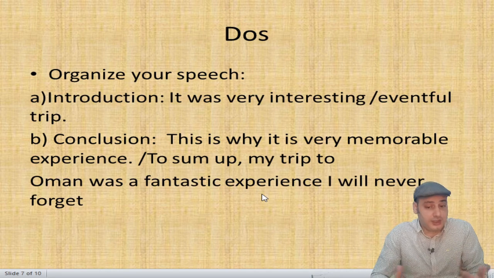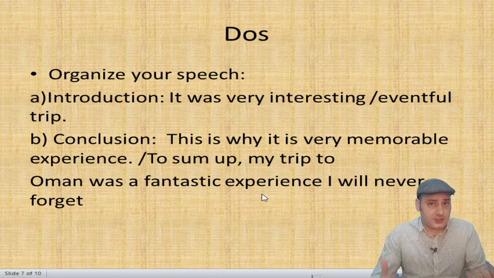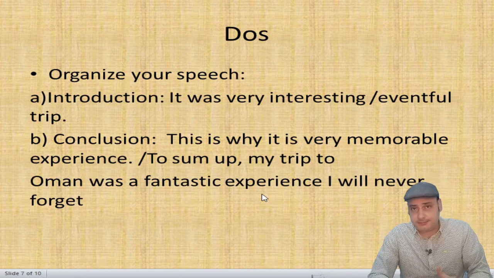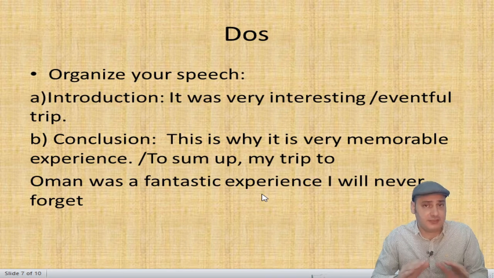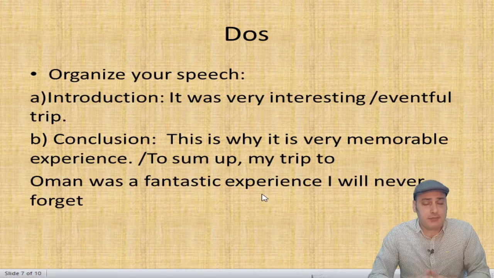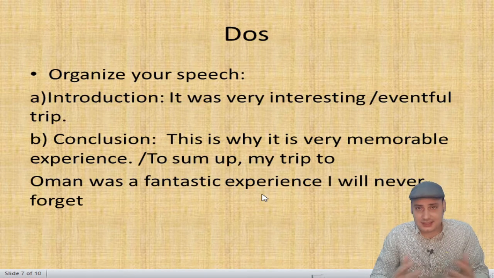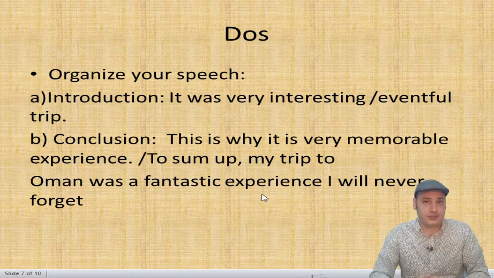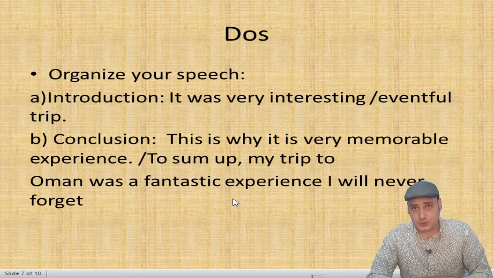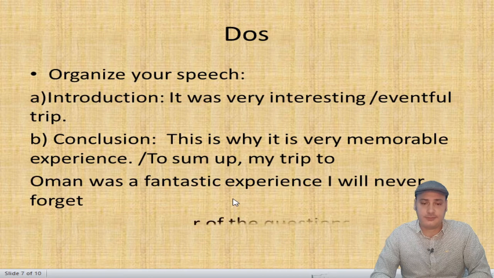You can use, and that's why at the end I like this place, or it's a very memorable event or experience to me, and that's why I will never forget this event in my life. It affected my life till now. I remember, etc. So you have to show some kind of conclusion, a sentence that concludes the whole event or the whole story or the whole description, the things that you're talking about.